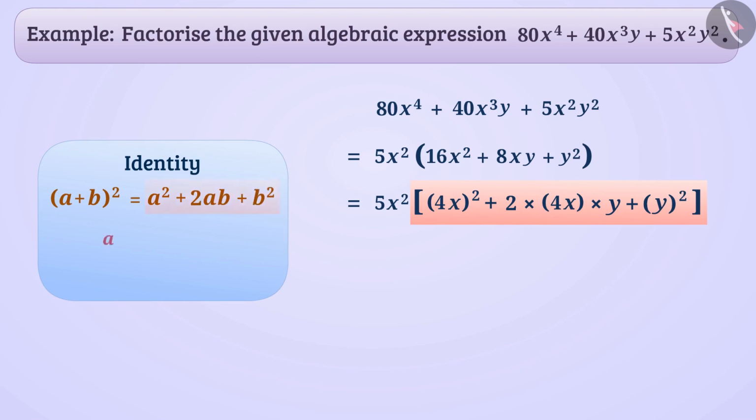So, by taking a is equal to 4x and b is equal to y, we can write the terms inside the bracket as (4x plus y) whole square. In this way, the factorization of the given expression is 5x square into bracket (4x plus y) whole square.